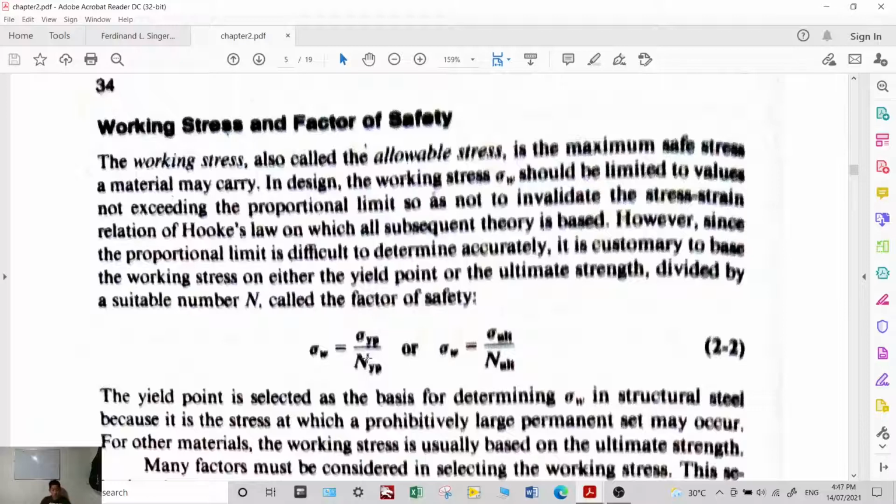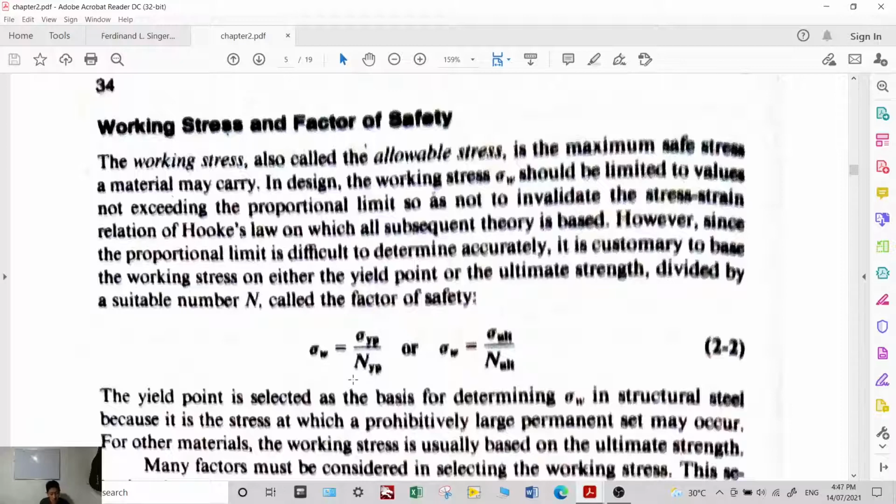if you have a factor of safety of 2, meaning based on the yield point, you're confident that your structure can actually carry twice of the working stress.